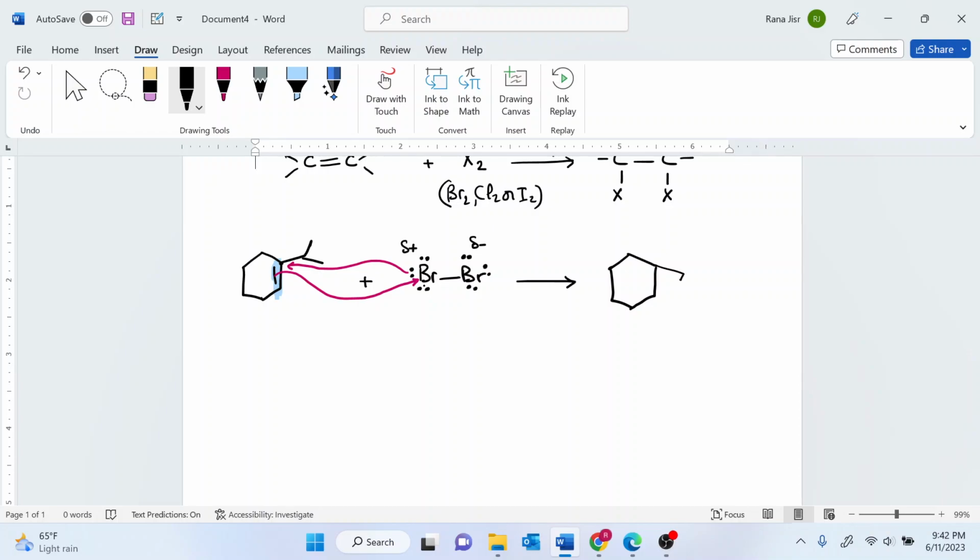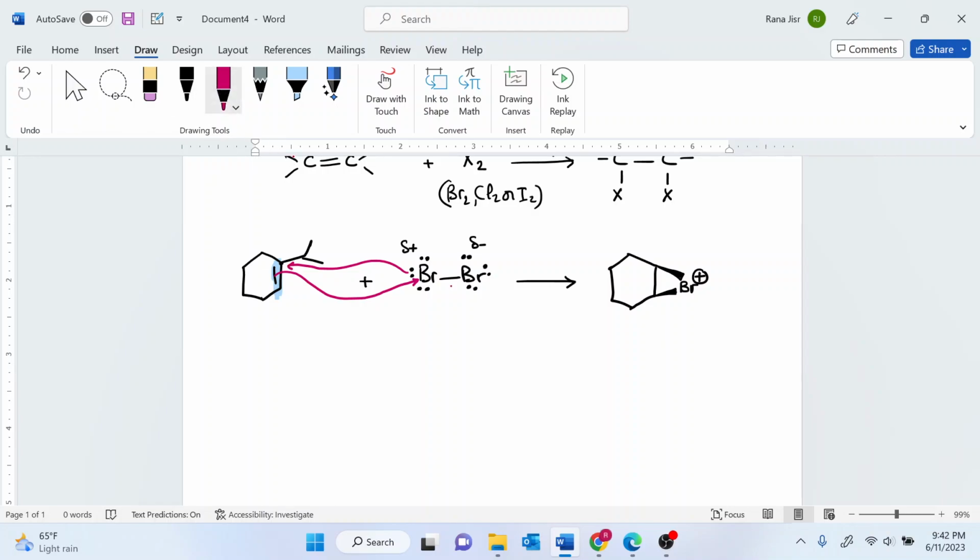So you're going to form the cyclic bromonium ion here. So if this bromine is going to be picked up from the top, notice that now bromine lost electrons because the electrons here, they made a bond with this carbon. So to represent this loss of electrons, I'm going to represent it by a plus charge.